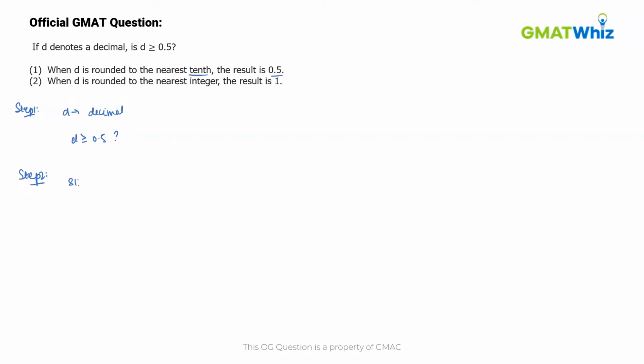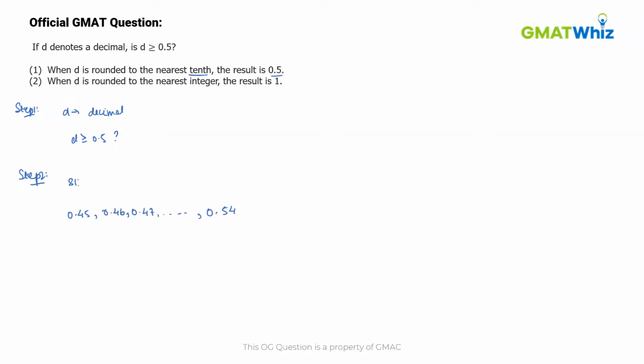The possible values of D can be 0.45, 0.46, 0.47 and so on. And the last one will be 0.54. We cannot take 0.55 because when rounded off, it will give us 0.6, so we cannot consider this case.